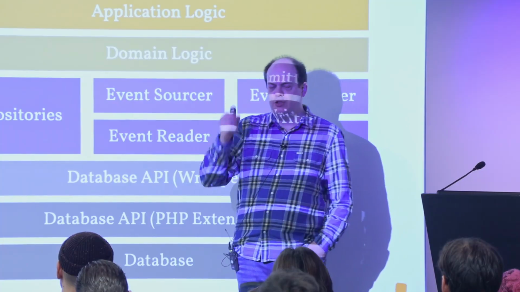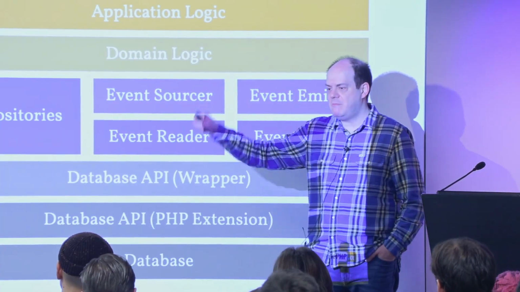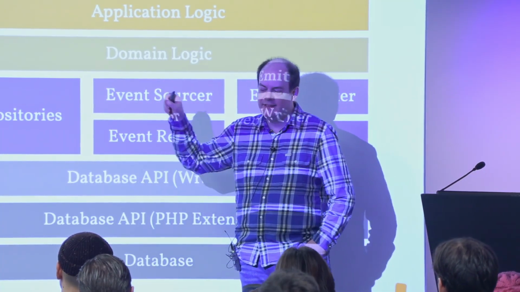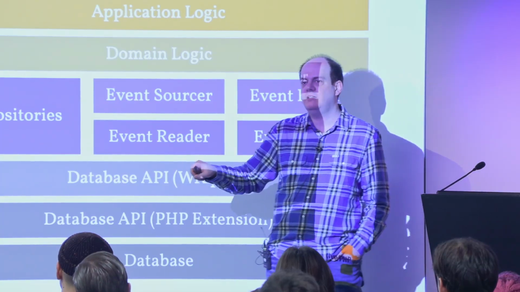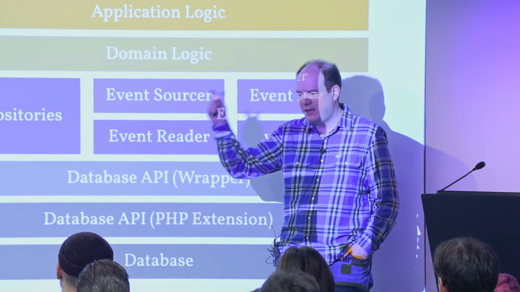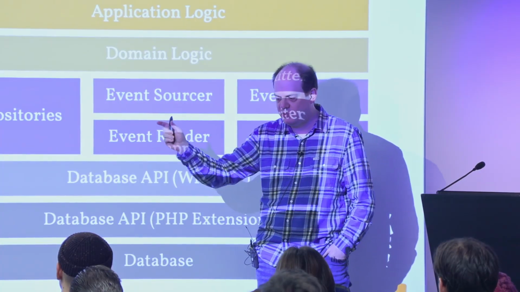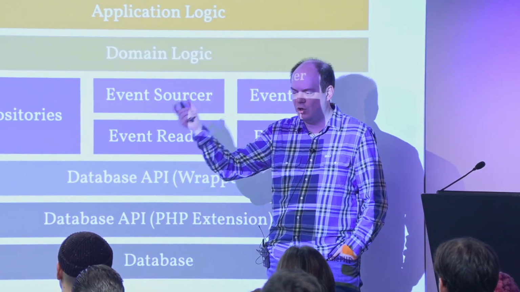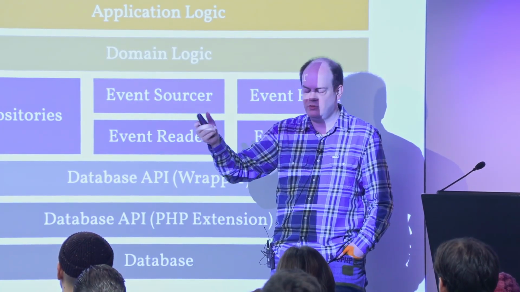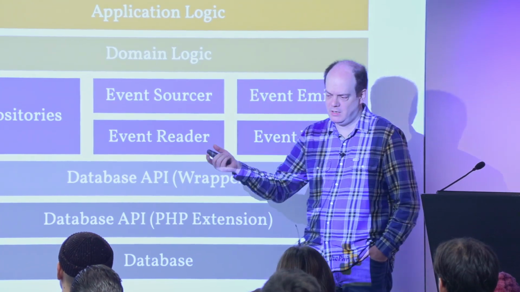I can and should, and I would say I must, be able to write unit tests for my domain logic, for the objects that implement the core concepts and rules from my business, from my domain.